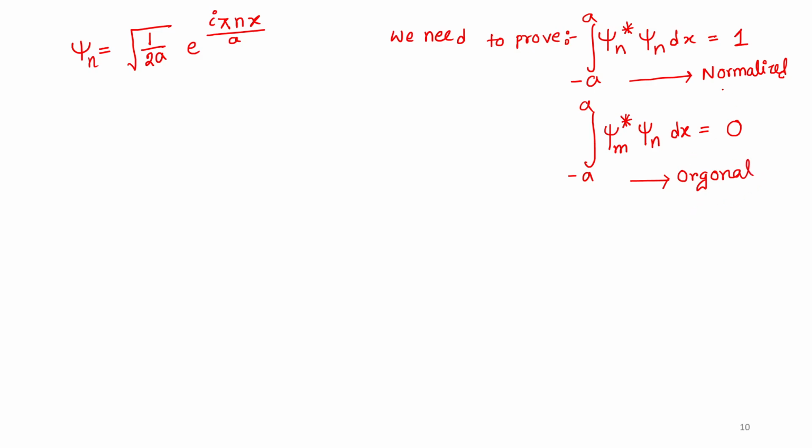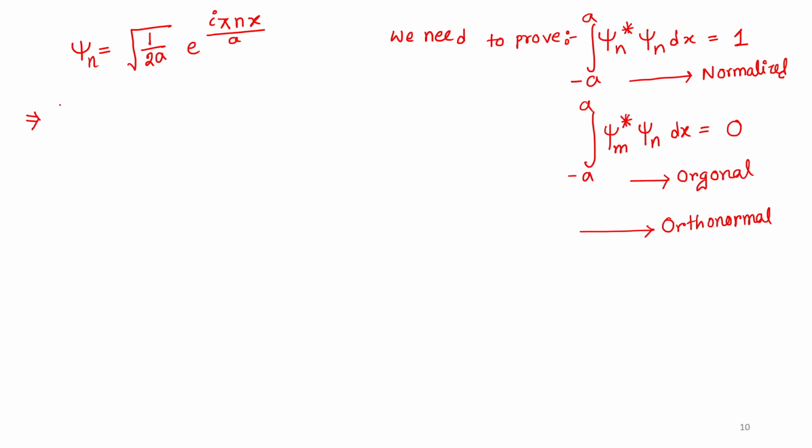So if I can prove that they follow both conditions, then I can say they are orthonormal. Okay, so let us do one by one. Let us see if it is a normalized function or not.